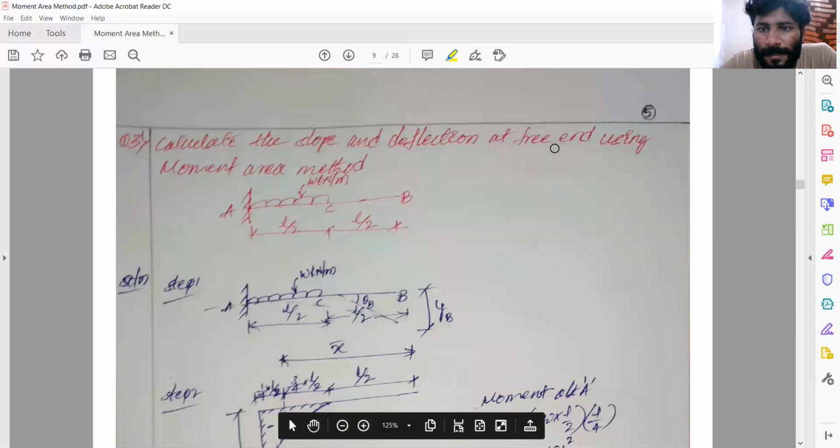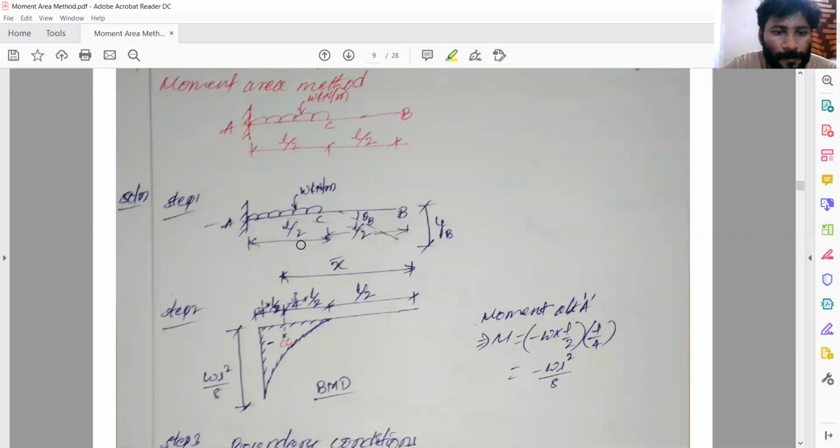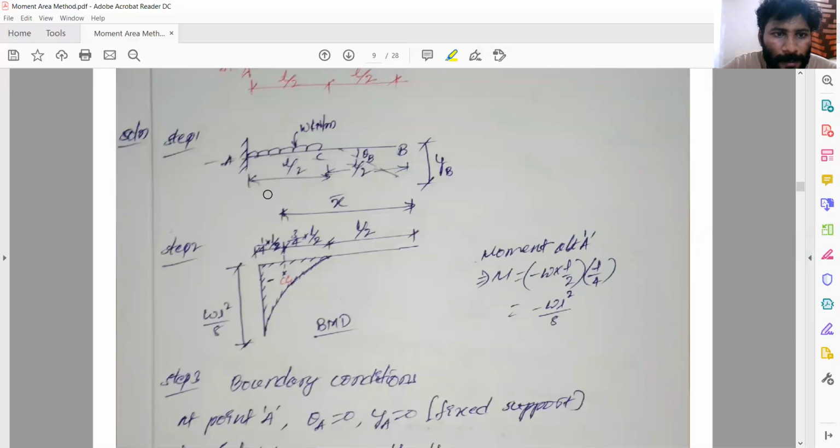Calculate the slope and deflection at the free end using the moment area method. Now you can see a uniform distributed load up to a length of L by 2. On this side there is no load acting on the cantilever beam. So redraw the given loading and draw the bending diagram. Whenever a uniform distributed load is acting on a cantilever beam, it's a parabolic spandrel.